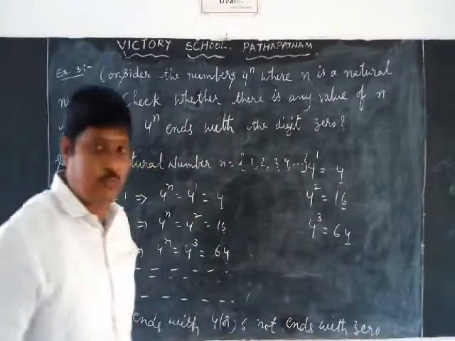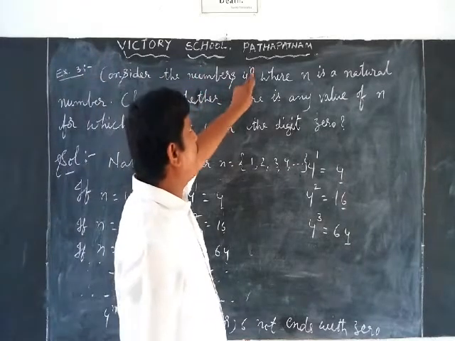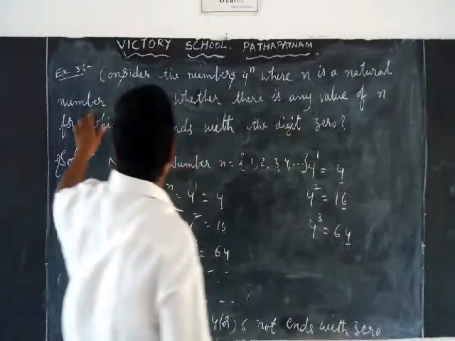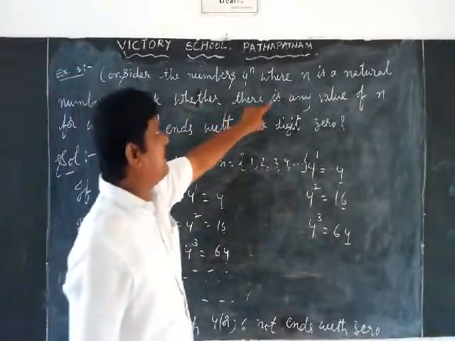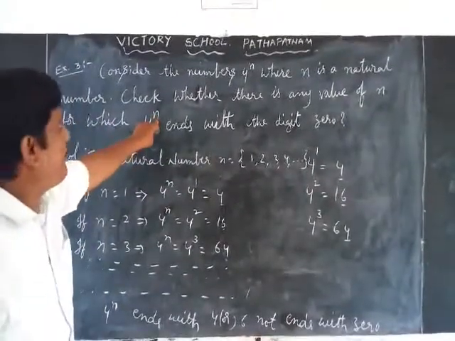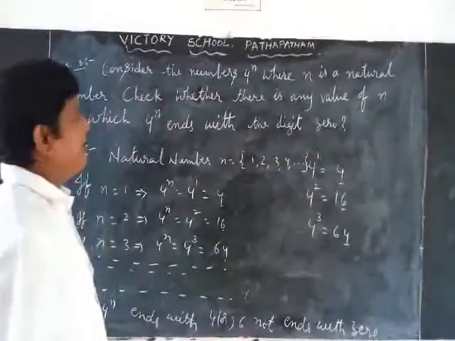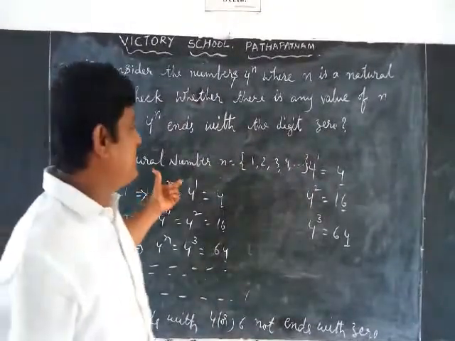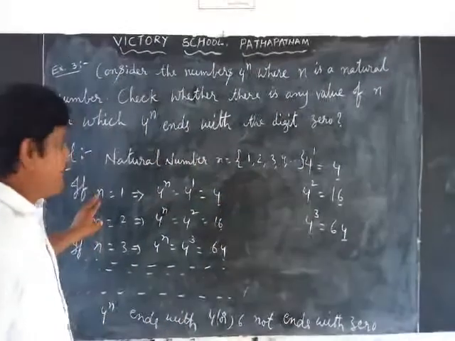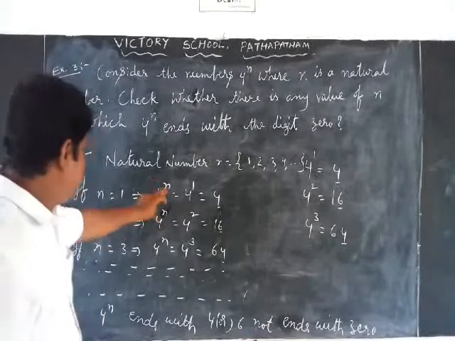Once again, consider the numbers 4 power n where n is a natural number. Check whether there is any value of n for which 4 power n ends with the digit 0. No. Why? Because when we take the natural numbers set 1, 2, 3, 4, and so on, here we have to take them in n's place.